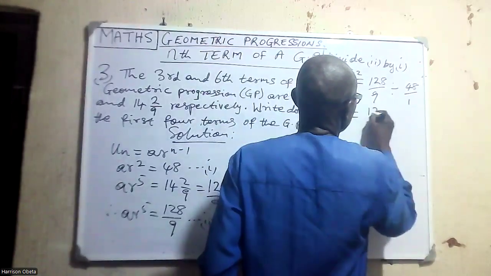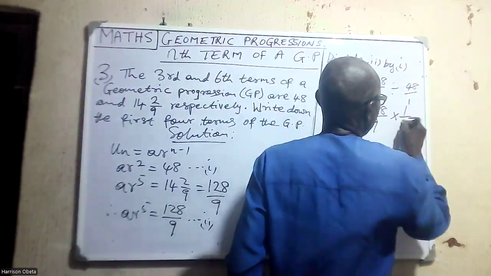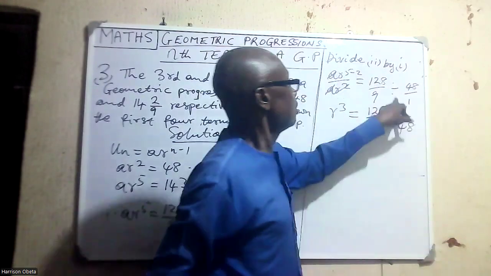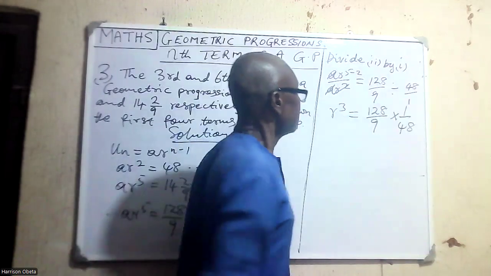That is 128/9 times 1/48, so you have to invert this to introduce the multiplication sign.